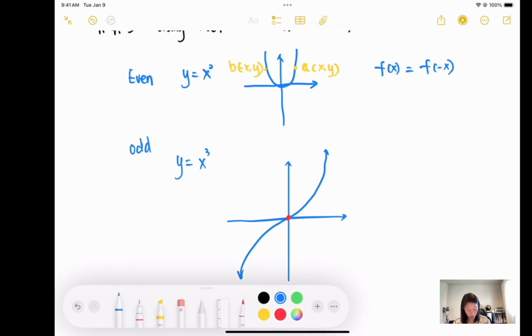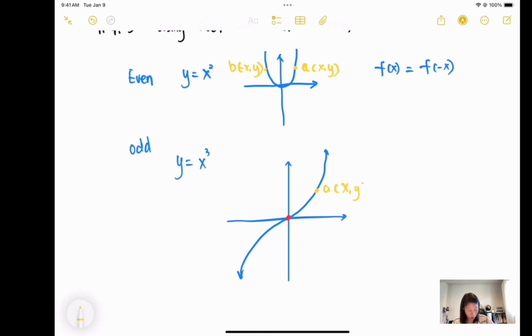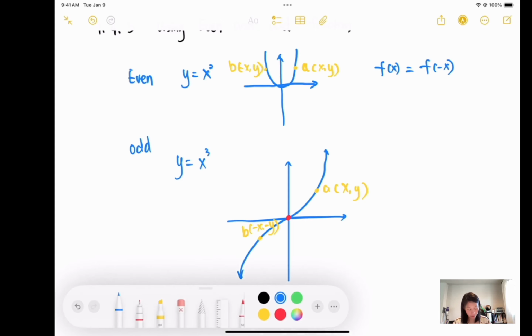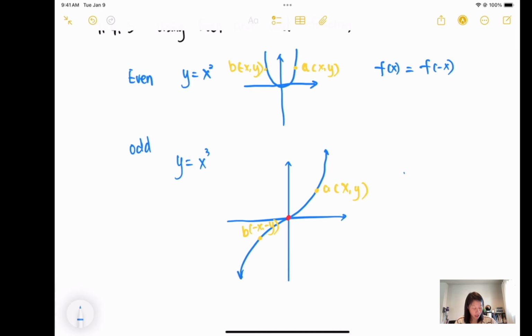That means if you find a point A here, x and y, then you will find a point B here, symmetric over the origin. So your value will be negative x and then negative y. So this is our odd function. By definition, for an odd function, f(negative x) is equal to negative f(x).